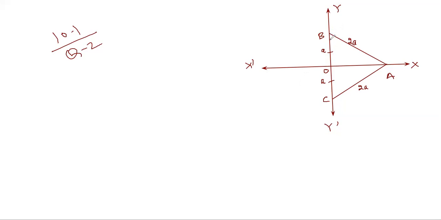So obviously on B, the distance is a. What will be the vertices of B? B is on the y-axis. So y-axis means the x coordinate will be 0 and the distance on the y-axis is a.